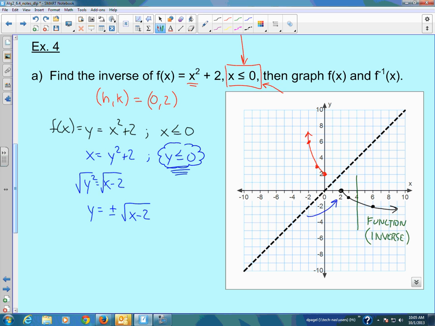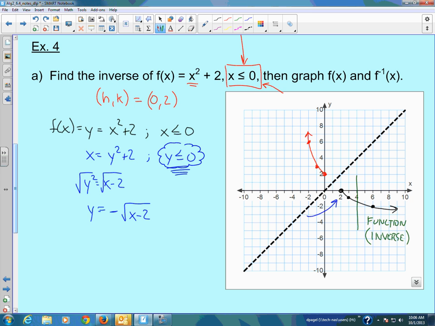How do I know if it's a plus or a minus? Well, if I'm less than 0, my radical is going to be negative only. So less than zeros are negative, we can get rid of that plus sign and just take a negative square root of x minus 2.